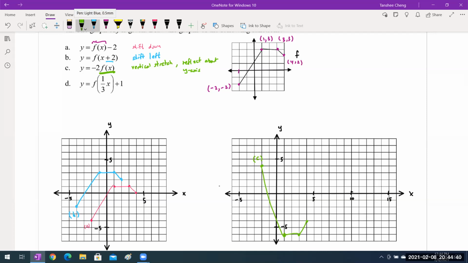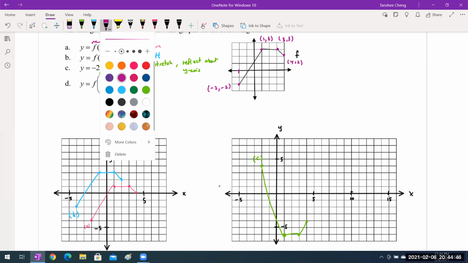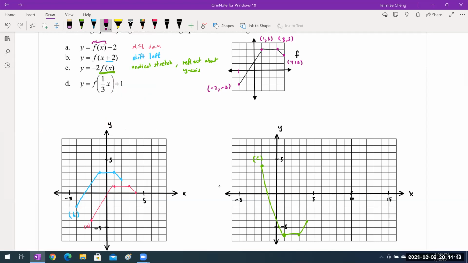Last one. f of 1/3 x plus 1. So you are multiplying the input value by 1/3, which is between 0 and 1.